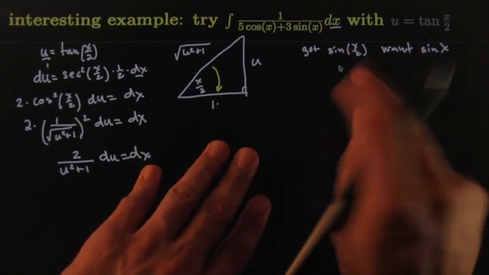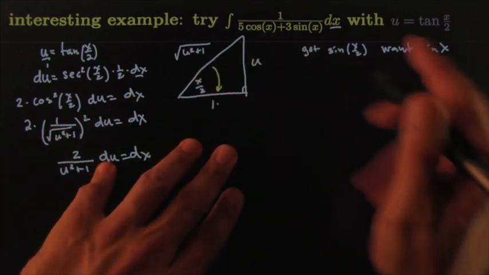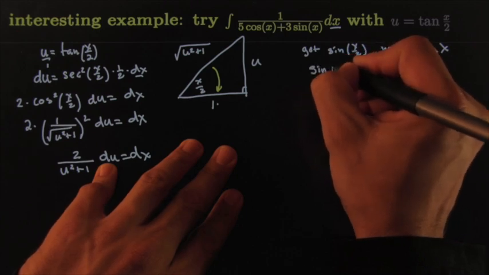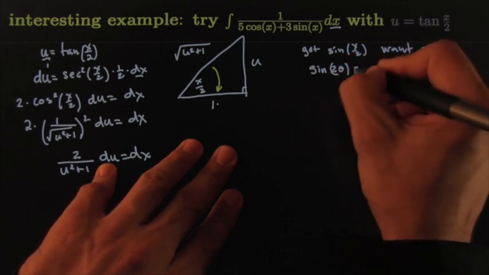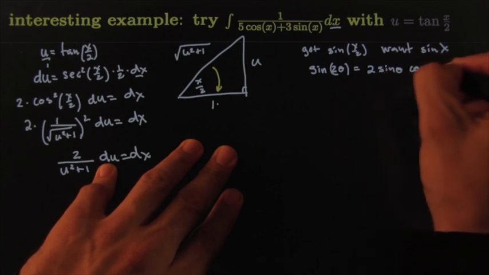The one I'm thinking about, because I can look at the triangle here, the ratio being opposite to hypotenuse, would be something like this. Sine of 2 theta is equal to 2 sine theta cosine theta.